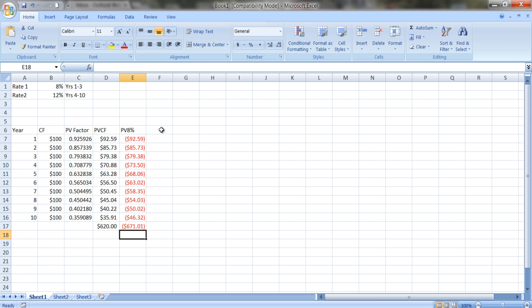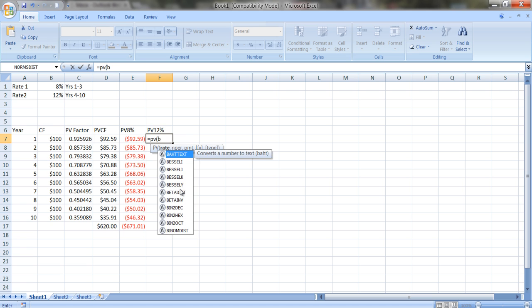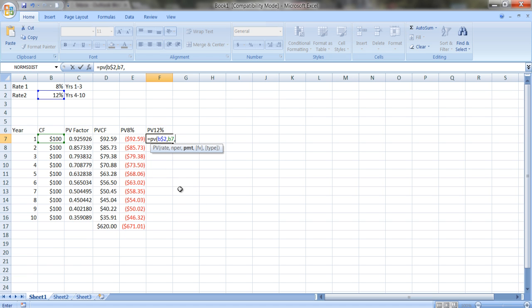Now, if I want to put this in as at 12%, we should get a smaller number than 620 because we're discounting by a higher interest rate. So let's see what we have here. Let's use the function again, PV, and the rate is in cell B1. And this time I'm going to try and remember to put the $ sign in. The number of periods is in B7.